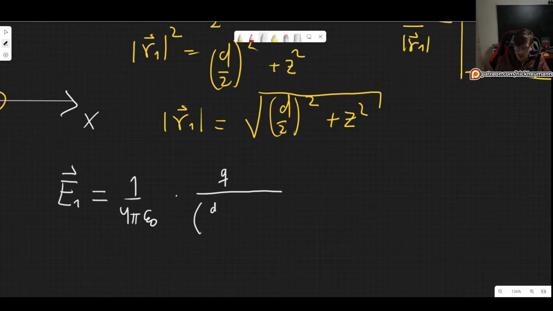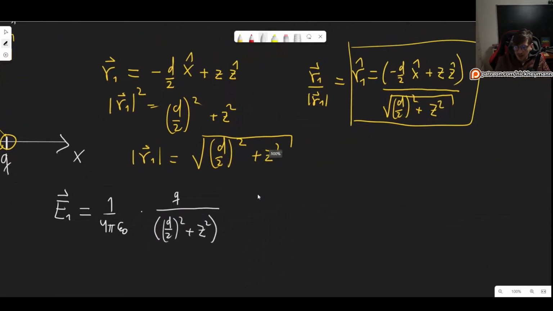So we get d over 2 squared plus z squared. And then we have to multiply by r hat, which is exactly there. So there we have minus d over 2 in the x direction plus z hat. And we divide all of this by the square root of d over 2 squared plus z squared.